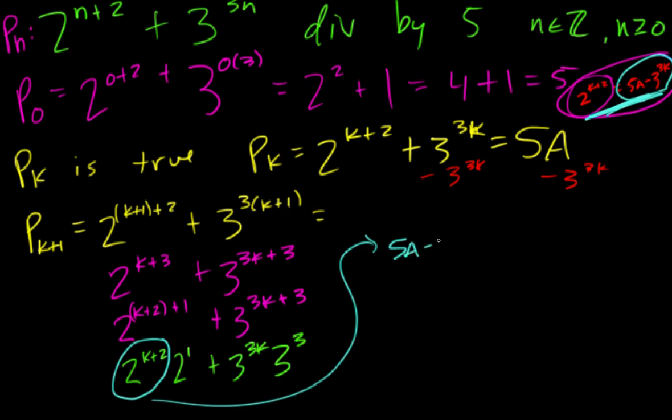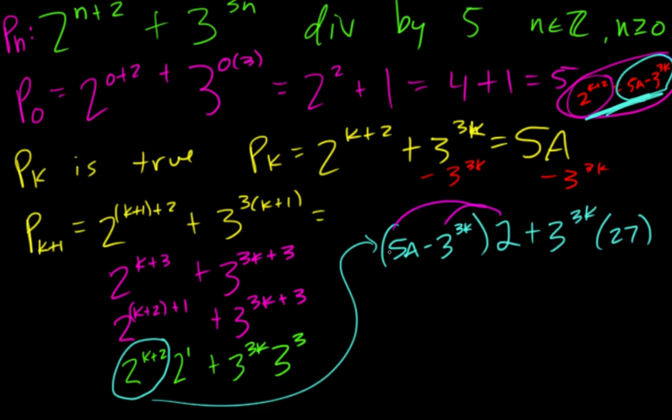So 5a minus 3 to the 3k times 2, since 2 to the 1 is just 2, plus 3 to the 3k times 3 cubed, which is 27. Alright, now we're going to distribute the 2 right here, so we get 10a minus 2 times 3 to the 3k plus 3 to the 3k times 27.